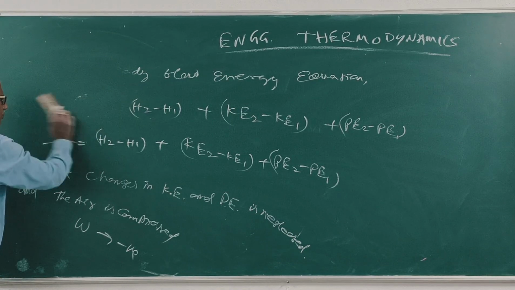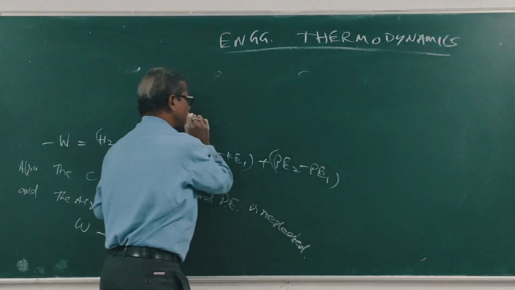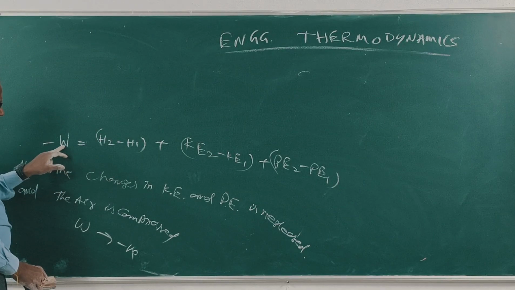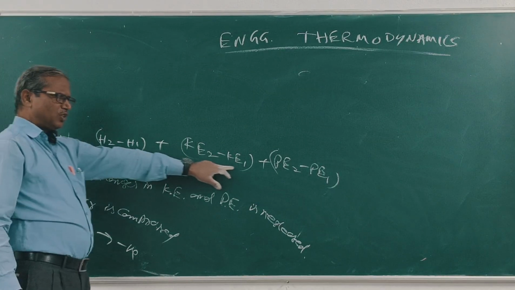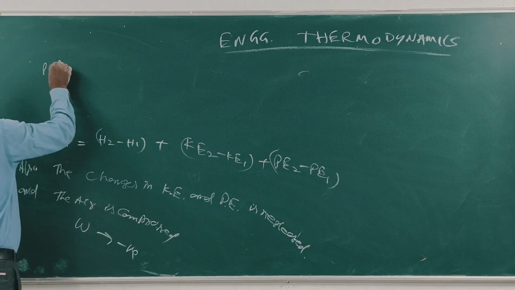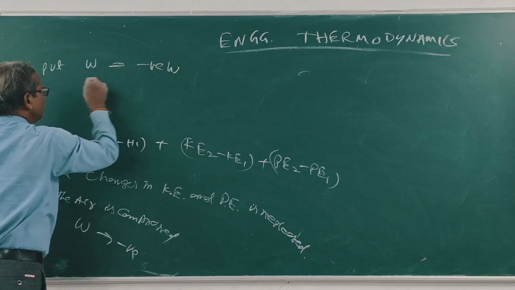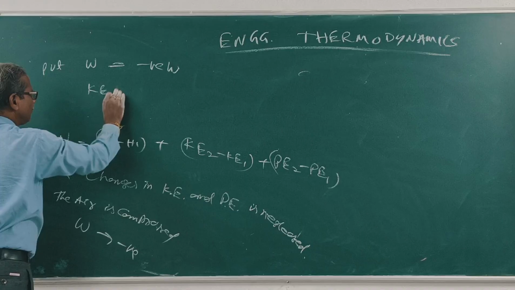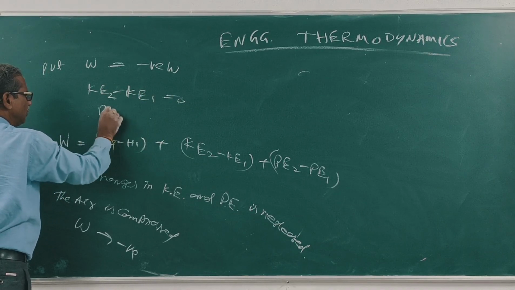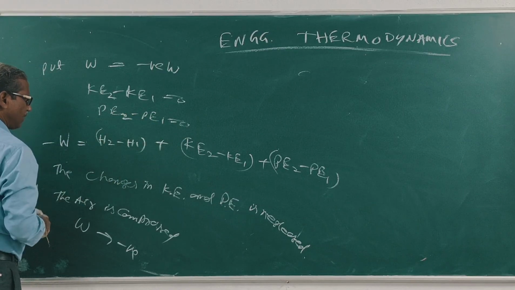So put in this equation, negative work, K2 minus K1 is 0 and P2 minus P1 is equal to 0. Clear?